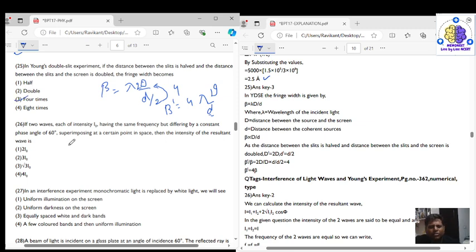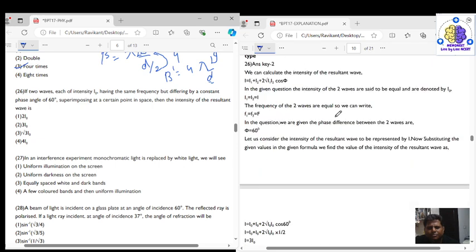Now let's come to question number 26. Question number 26 says that if two waves each of intensity I naught have the same frequencies but differ by a constant phase of 60 degrees, superimposing at a certain point in space, then the intensity of the resultant wave is... again you can use the same formula: resultant intensity I is equal to I1 plus I2 plus 2 root of I1 I2 into cos phi, right?